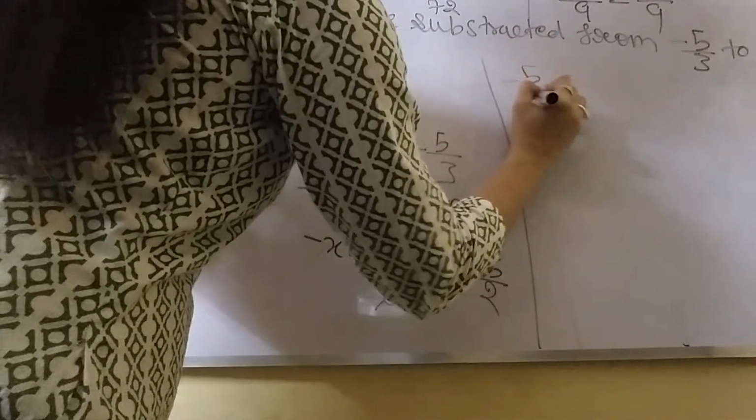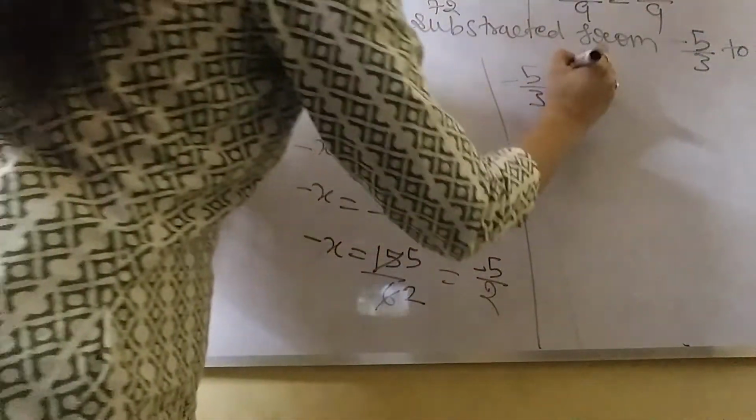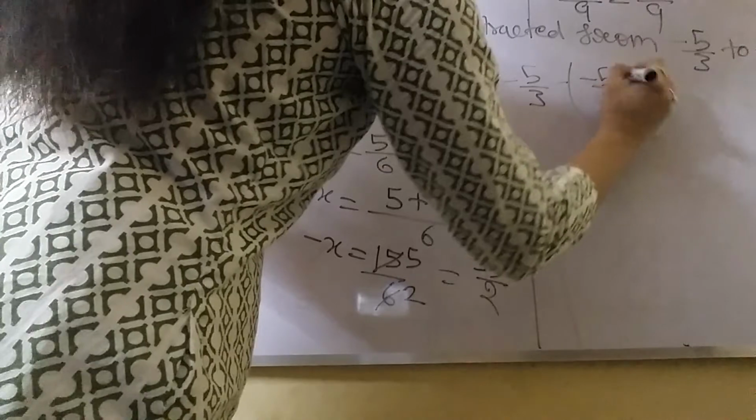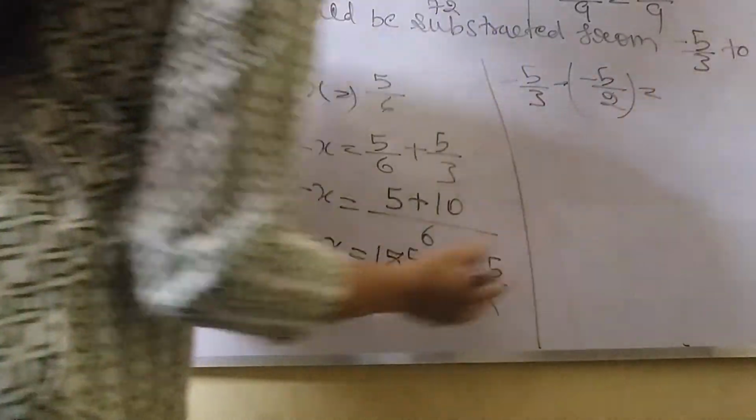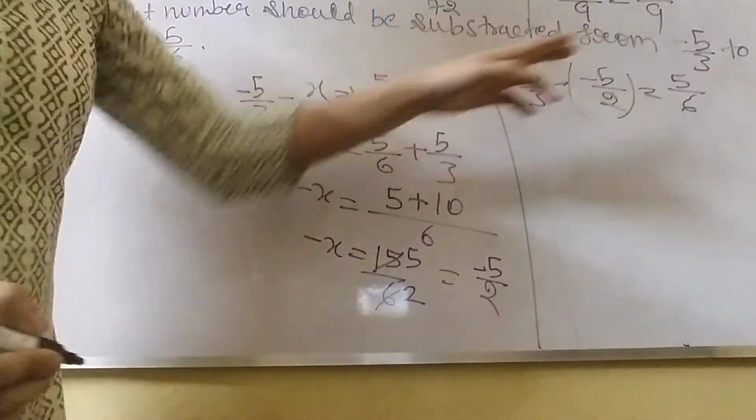Now checking the number, minus 5 upon 3 and minus 5 upon 2, we have to get 5 upon 6.